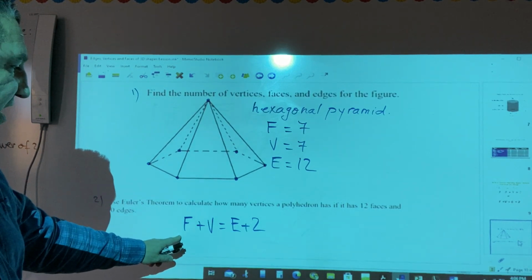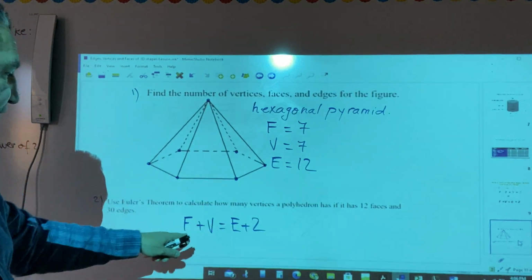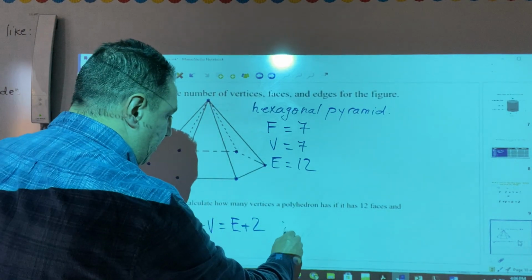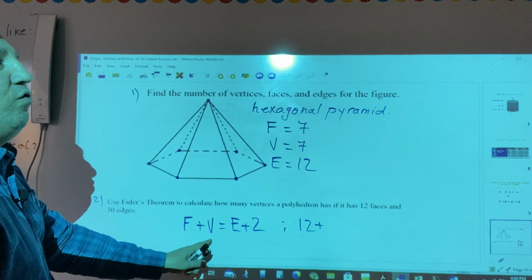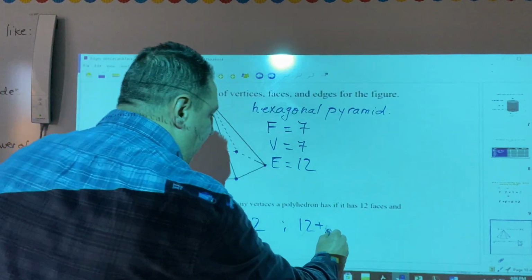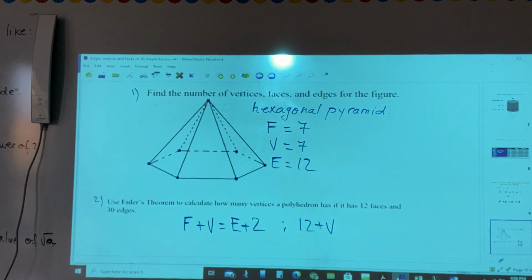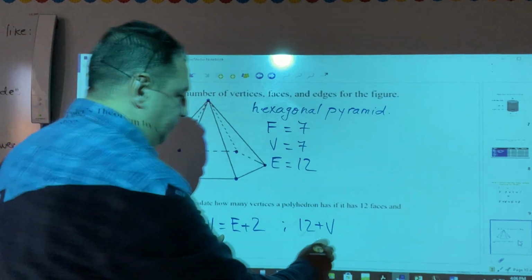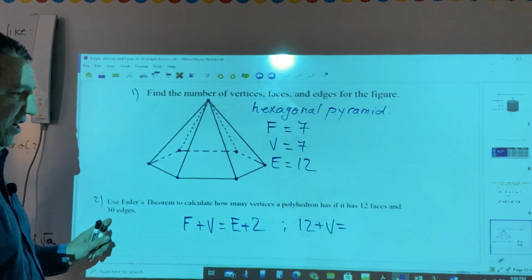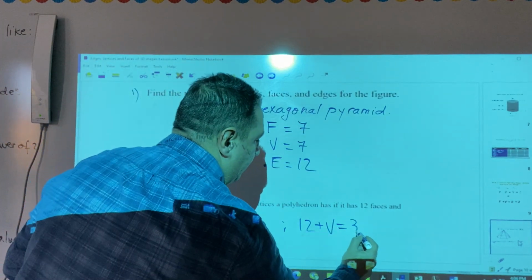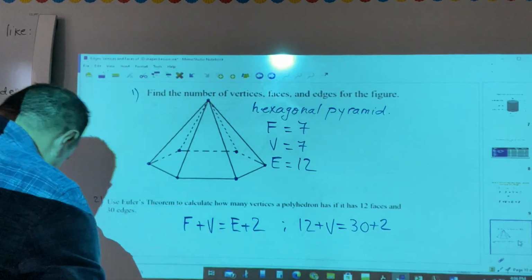So the number of faces is 12, plus, because we don't know the number of vertices, we leave the letter as it is, V, equals the number of edges, which is 30, plus 2. Good?